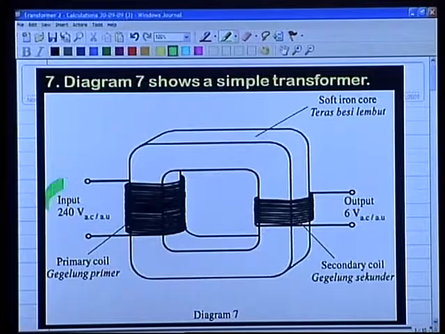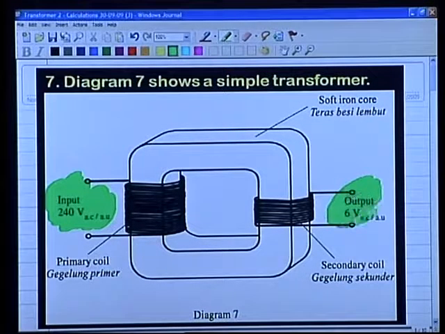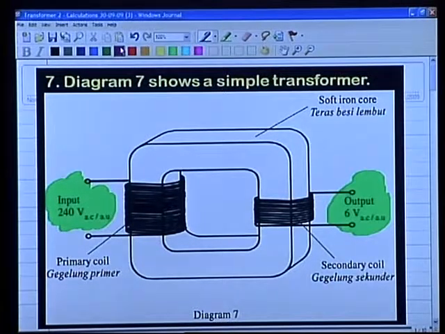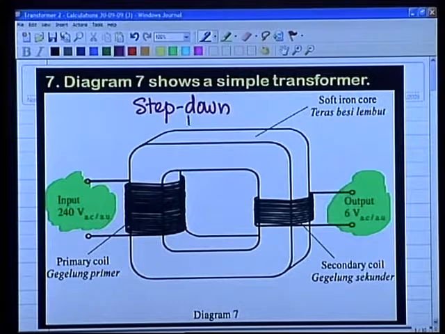I am highlighting the most important parts of the diagram. The input and the output. A little bit of revision now. We are going to write down what is the name of this transformer? It is a step-down transformer.